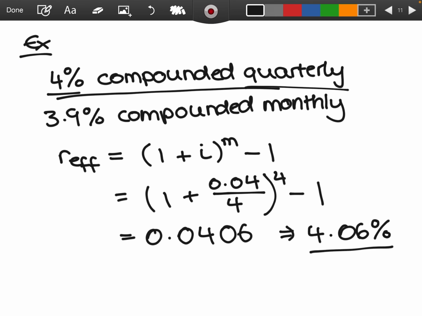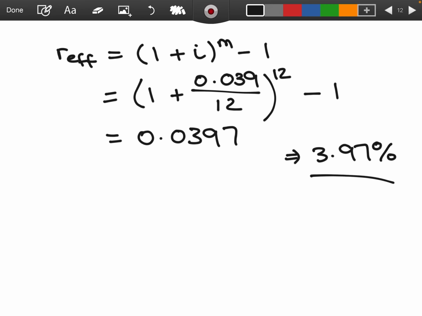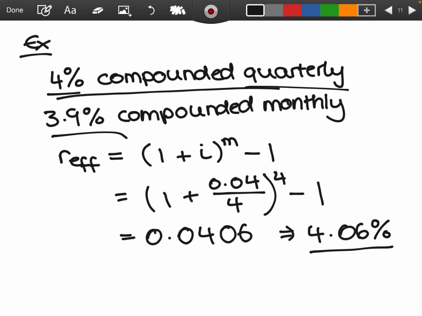So 4% compounded quarterly is the same as 4.06% simple interest, and 3.9% compounded monthly is the same as 3.97% simple interest. That tells me that my first account is better than my second. I would get more interest out of my first account than I would my second.